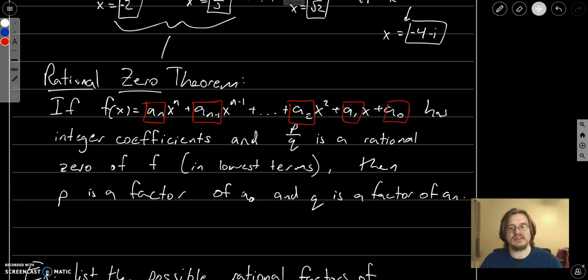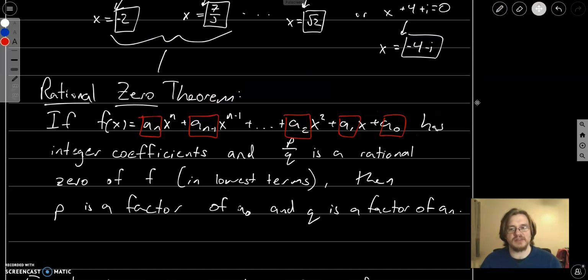We can't say anything about the irrational zeros or the complex zeros, but the rational ones have to be p divided by q, where p divides the constant term and q divides the first term.